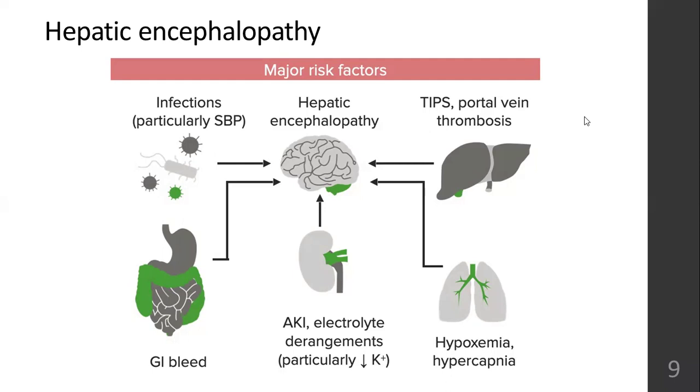But when this nitrogen is broken down, like ammonia and urea, it is supposed to be detoxified and taken out of the system. Since the liver is now damaged, it is not able to do this function. So ammonia and nitrogen-containing substances circulate freely in the body, and when they enter the brain through blood circulation, they cause some damage.